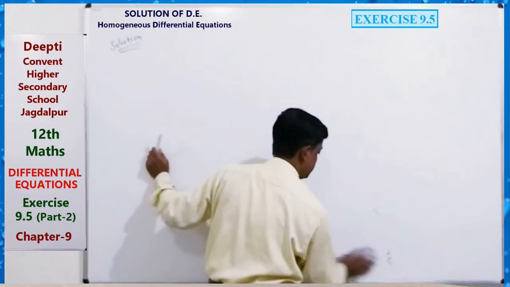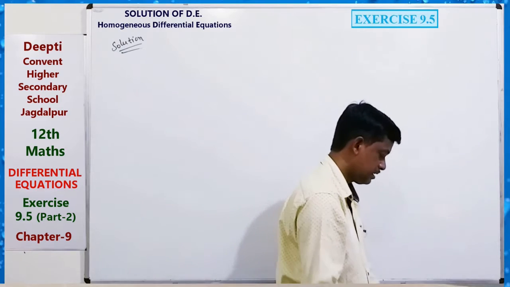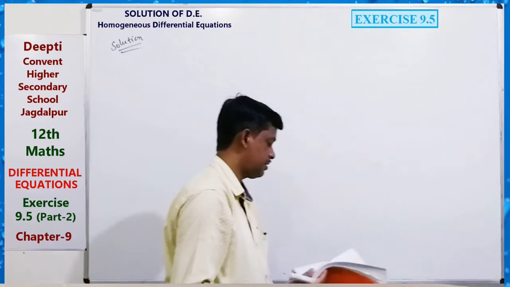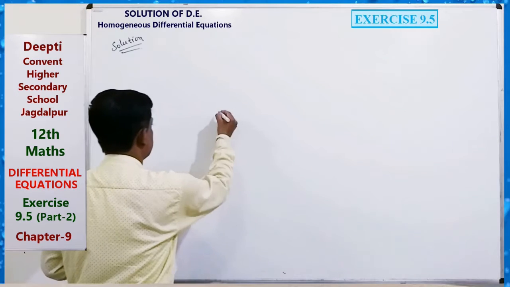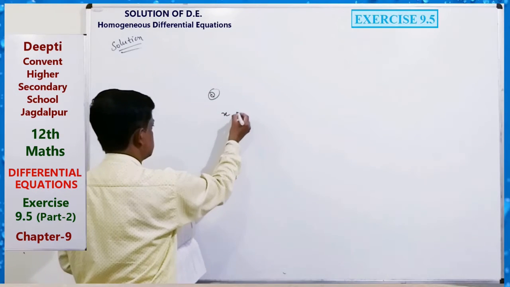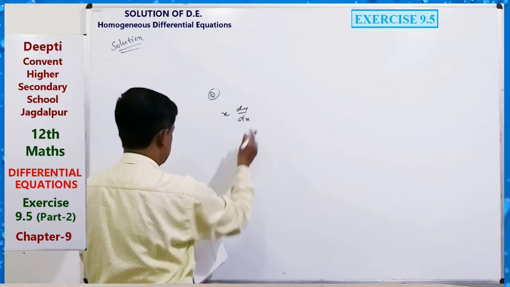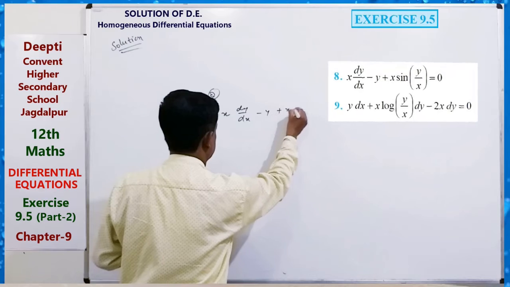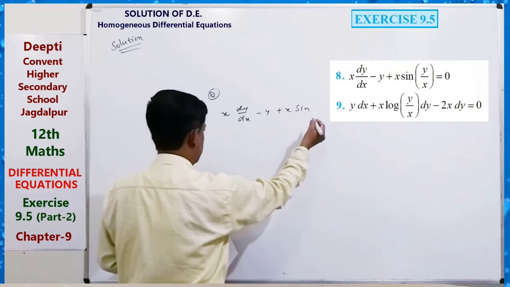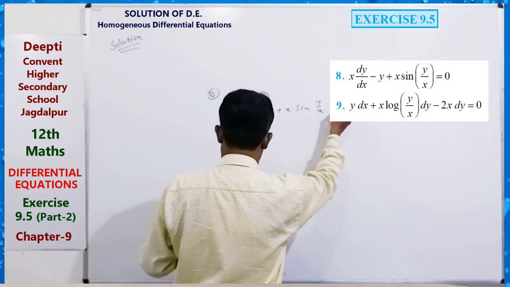Okay, let's see what question 8 is. x dy by dx minus y plus x sin(y/x) equals 0.